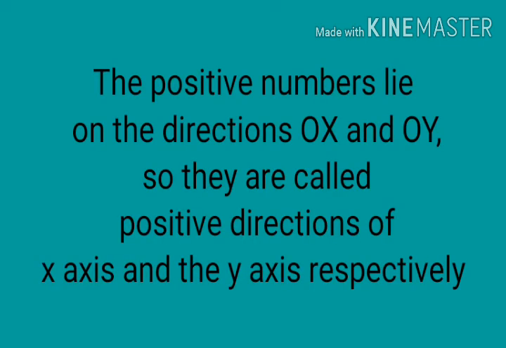Then in the Cartesian plane, the positive numbers lie in the directions OX and OY, that means towards top and towards right. Those lines indicate the positive numbers, so they are known as the positive directions of the x-axis and y-axis respectively.